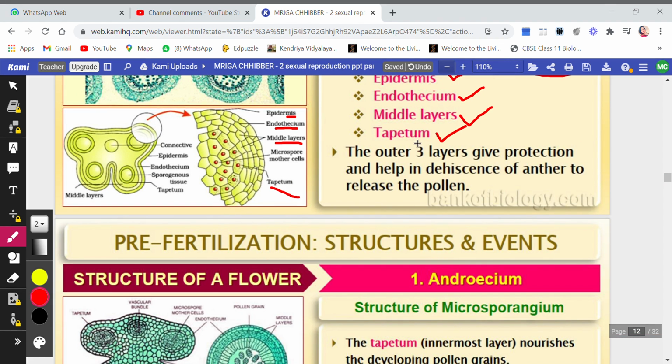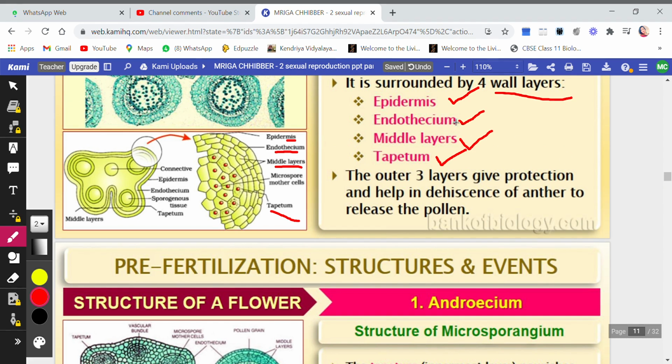Now, the outer three layers: the epidermis, the endothecium and the middle layers. These outer three give protection to the pollen grains that will be present inside, and help in dehiscence of the anther to release the pollen.